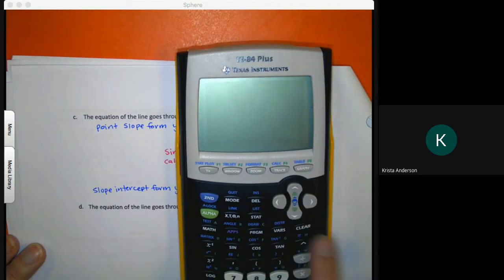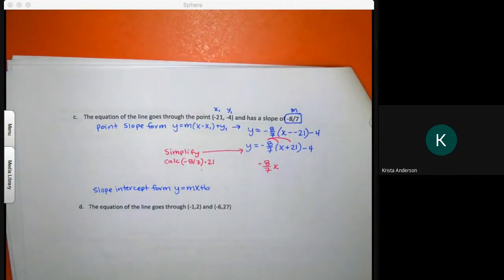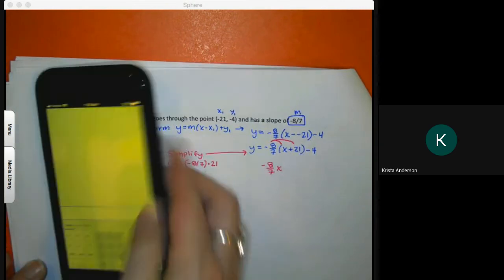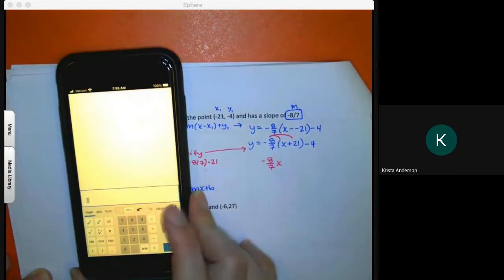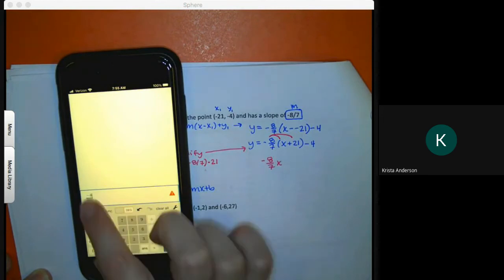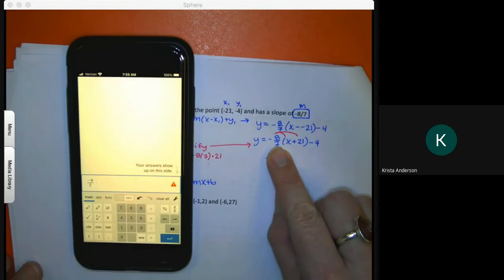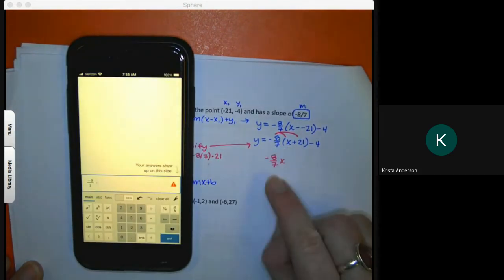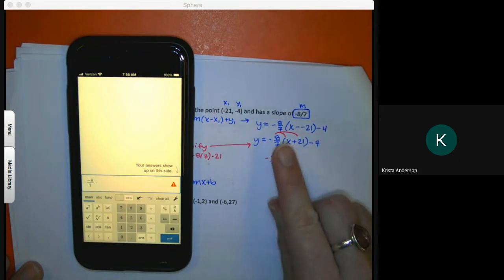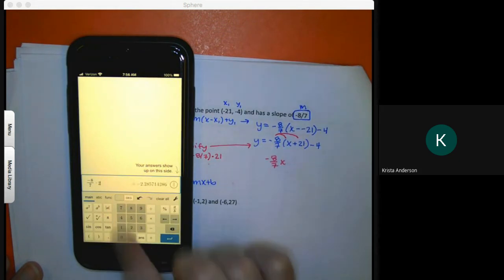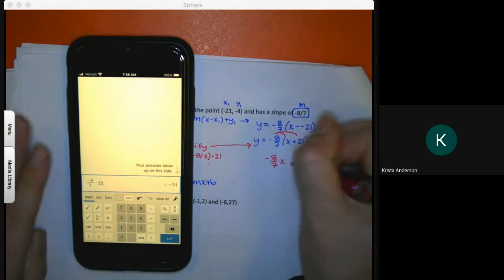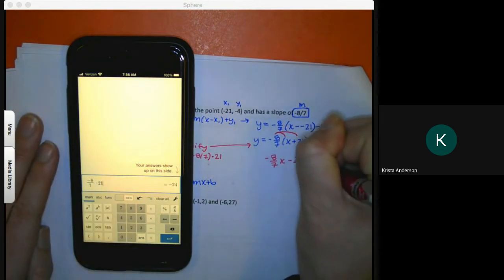Actually, I'll use my Desmos. So you want a fraction. Negative 8 over 7 is being multiplied in. When I times it by the x, it just is tagged onto it. But then I have to multiply it by 21, which gives me a negative 24.